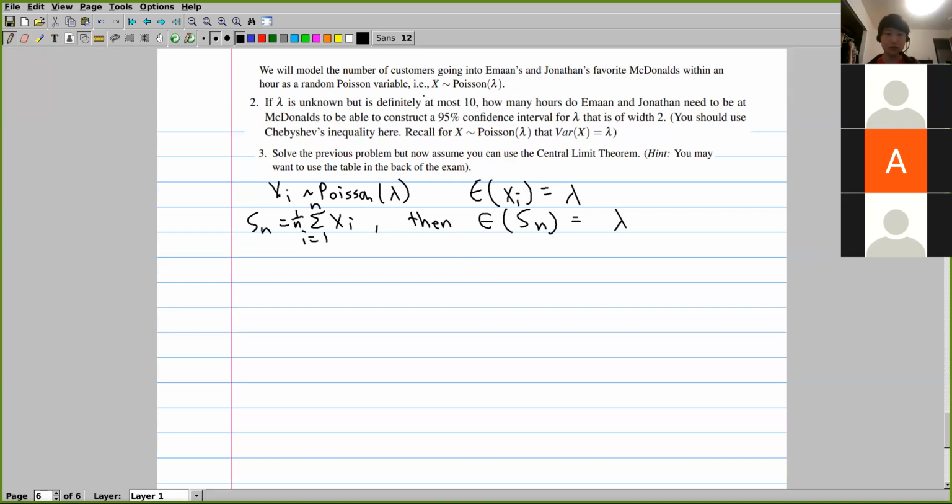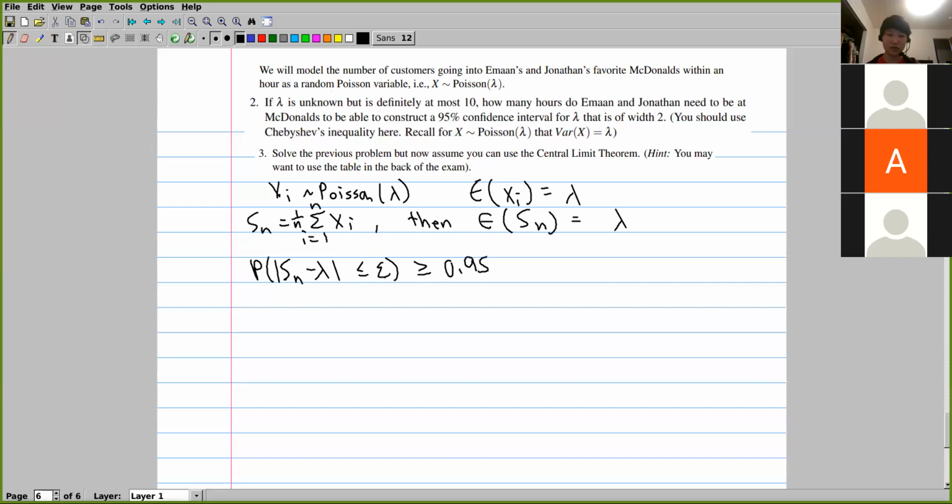So we want a 95% confidence interval. We want the chance that Sn lies within epsilon of lambda to be at least 95%. This is just saying it in words.